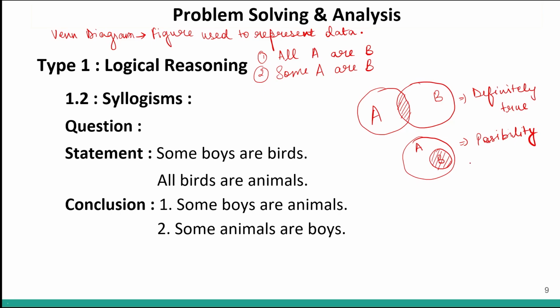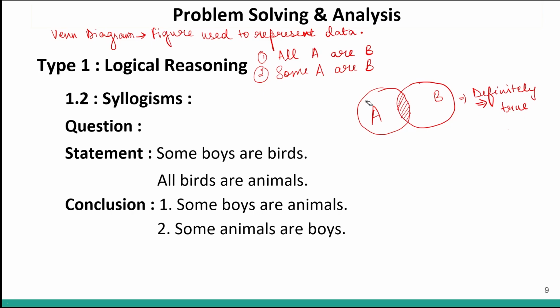Only some A are B is mentioned. So all B are A is not mentioned. So this can be a possibility, but this is not definitely true. So while solving syllogisms, we only look at definitely true options. This can be a representation, but for syllogism purposes, we will only consider this representation because this is definitely true. So some A are B.